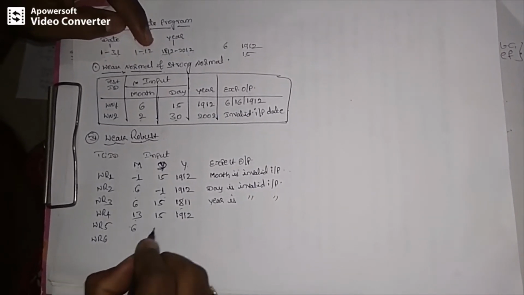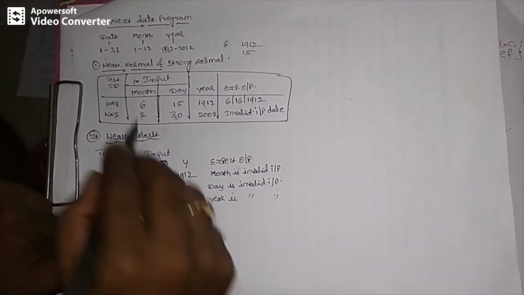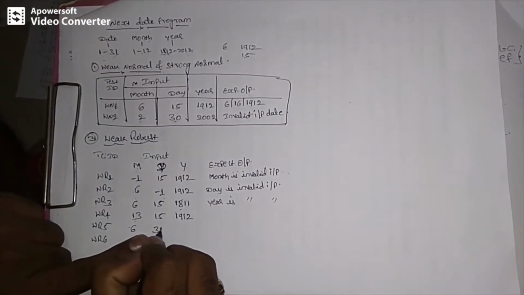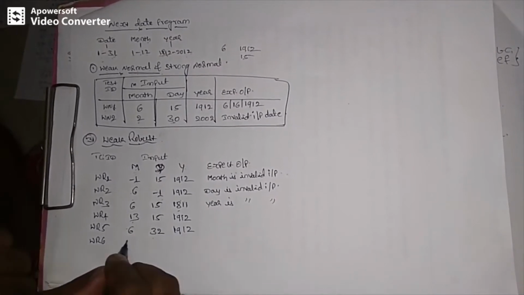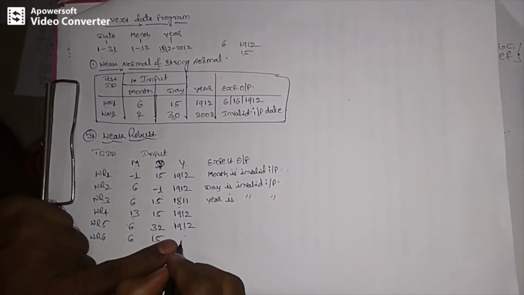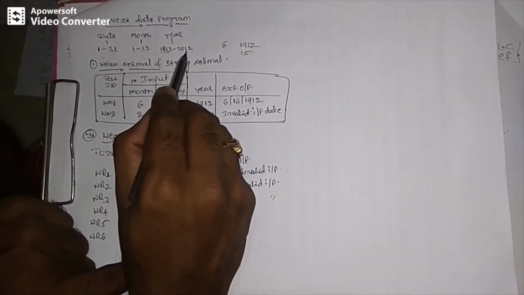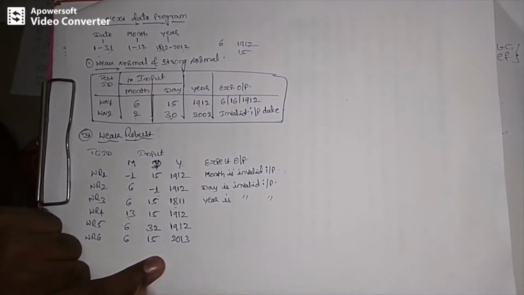Next, day is invalid: 31 is the upper limit, so this becomes 32. Then 6, 15, and this year should be invalid. Maximum is 2012, so 2013 will be the invalid input.